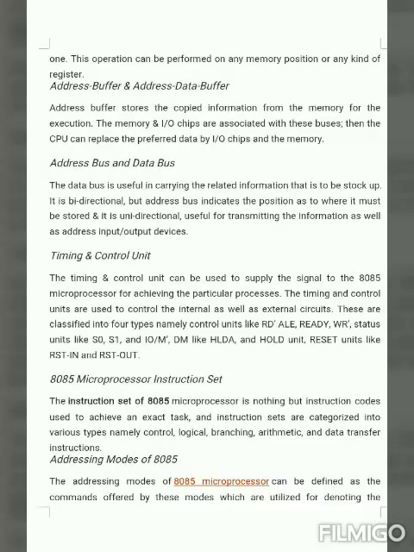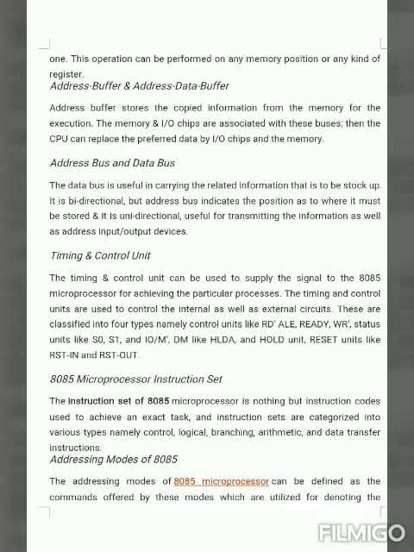The 16-bit register is useful for incrementing the program counter as well as the stack pointer register content by 1. Then there are the address buffer and the address data buffer. The address data buffer stores copied information from the memory for the executions. The memory and I/O chips are associated with the buses. Then the CPU can be replaced by I/O chips.